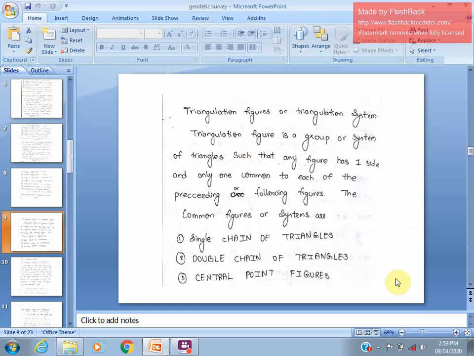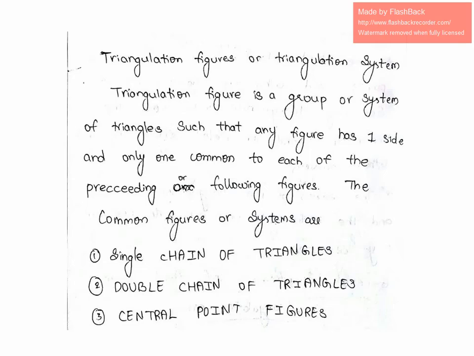So this is lecture 2 of geodetic surveying. In lecture 1 of geodetic surveying, we discussed the introduction of geodetic surveying, the introduction of triangulation system, and the classification of triangulation system.